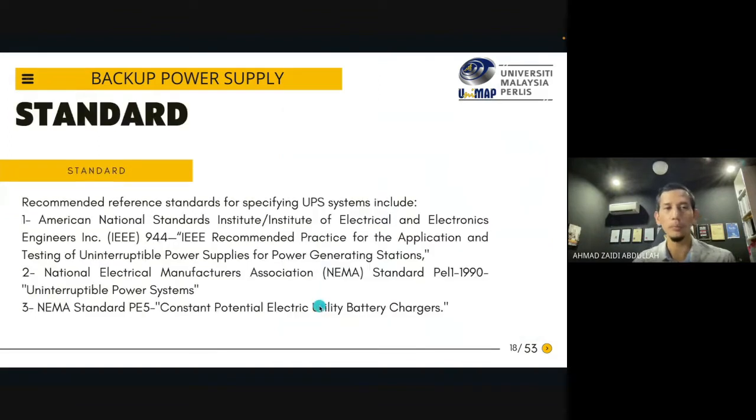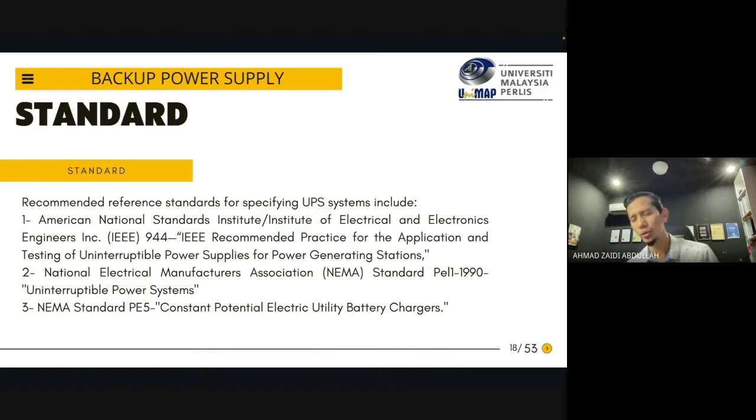Dealing with UPS, we must also follow some worldwide standards. Number one, we must refer to the IEEE, which is under the American National Standards Institute, or the Institute of Electrical and Electronics Engineers, IEEE, under the topic practice for application and testing of UPS.